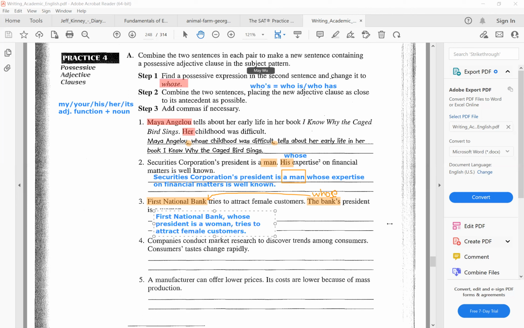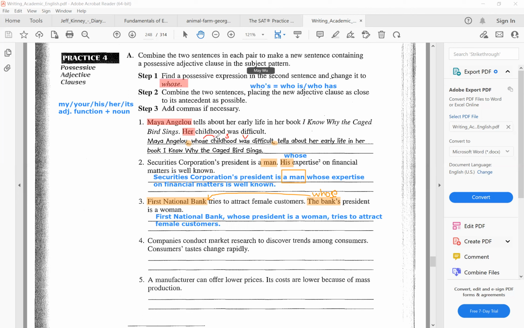Okay, and that is how we use our relative pronoun as possessive adjective. So always make sure it is followed by a noun, and actually it is followed by the subject of the adjective clause. So for example, in the first sentence, whose childhood was difficult, right?